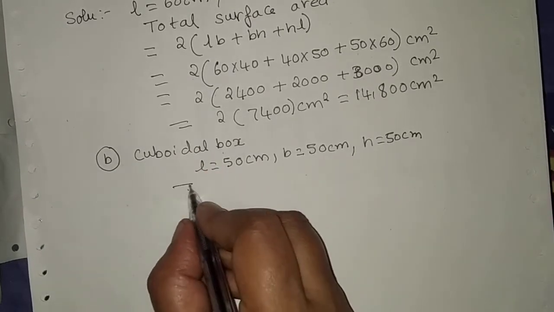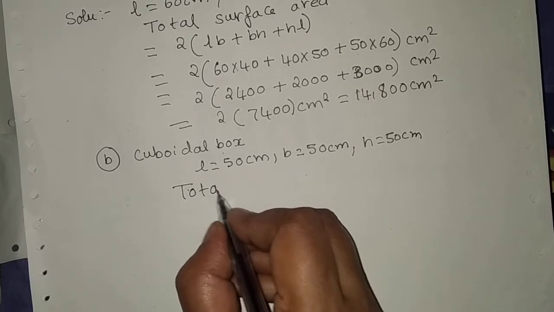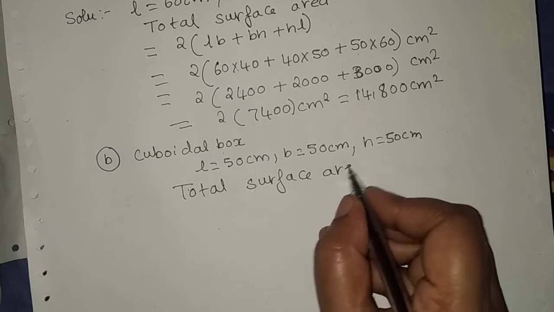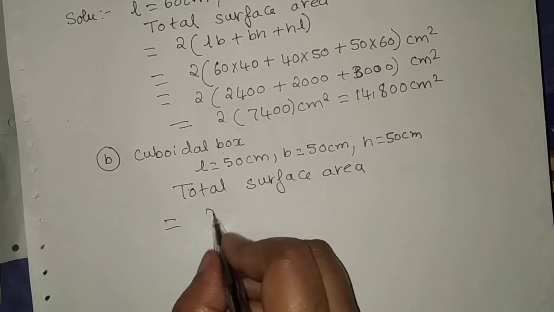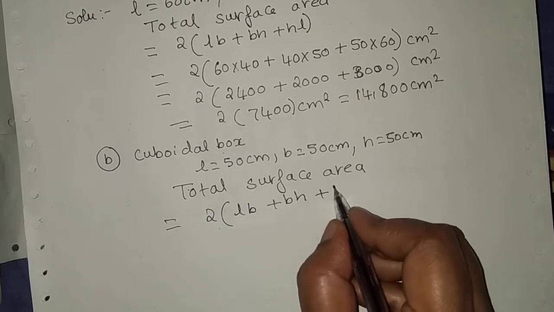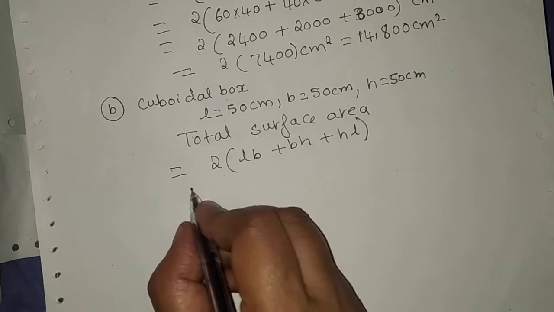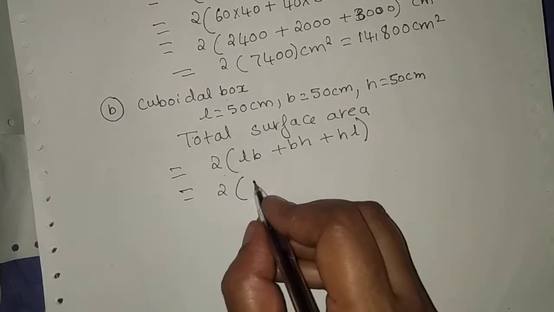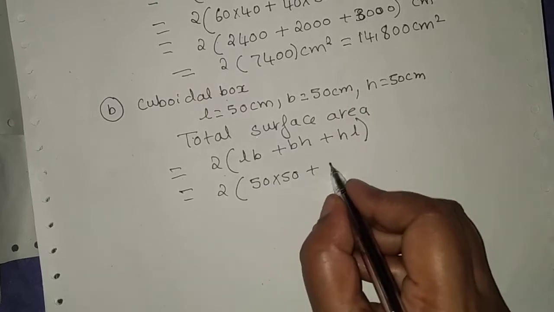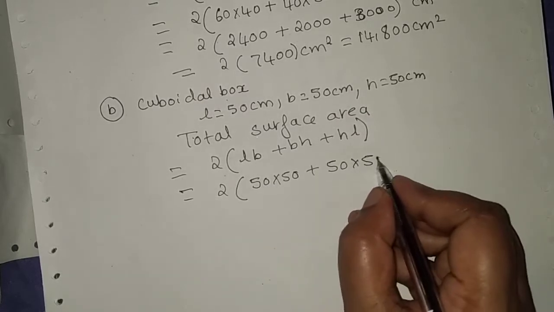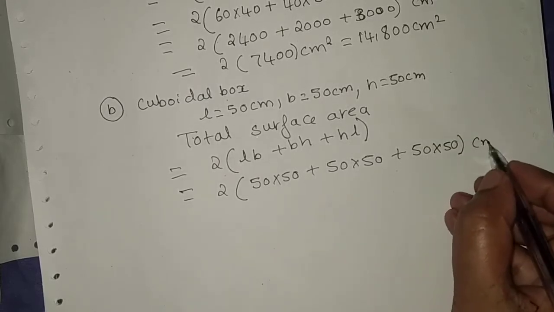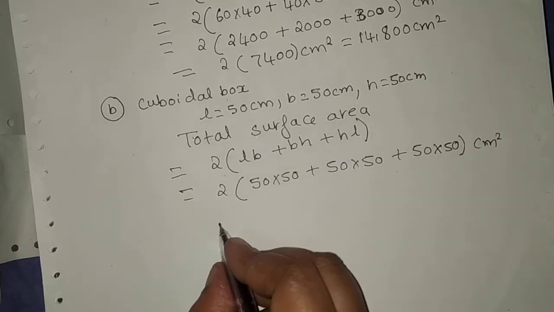Now the total surface area we have to calculate. The same formula we have to use: 2 into L into B plus B into H plus H into L. Therefore 2 into, all are 50, 50 into 50 plus 50 into 50 plus again 50 into 50, centimeters square.